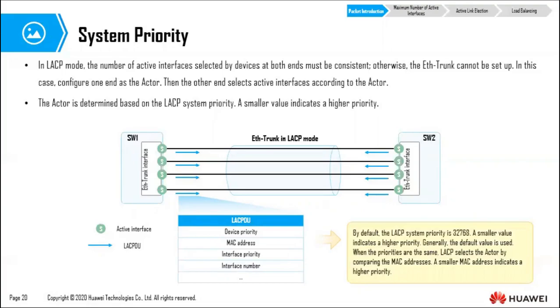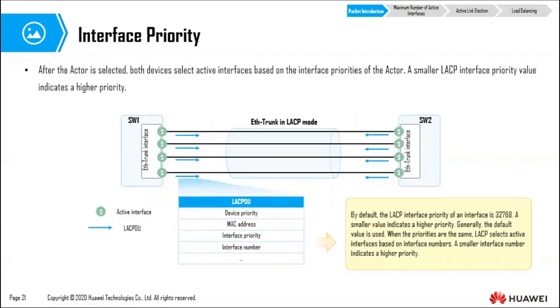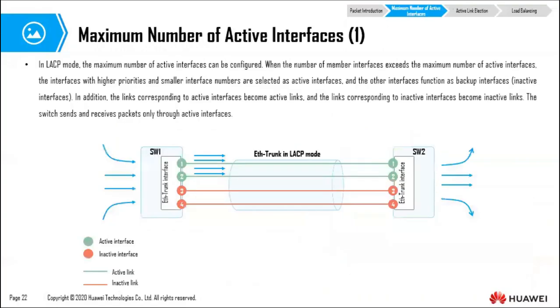The MAC address of the device, right? Yes, very right. Okay, interface priority, if they are the same, the default 32,768, we look at the interface what? The interface number, very well. In switches, most of the time, the smallest number is the preferred number.